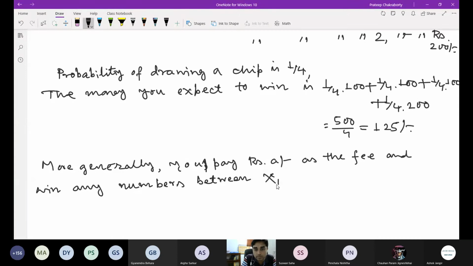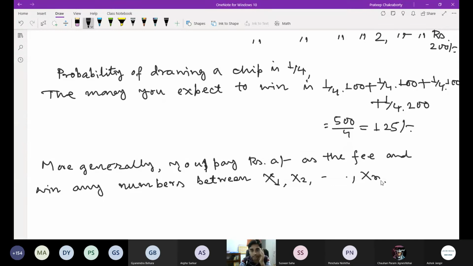So these are the random variables. This is a game of lottery. You pay rupees A as the fee, and you can win any number between x1 to xn.